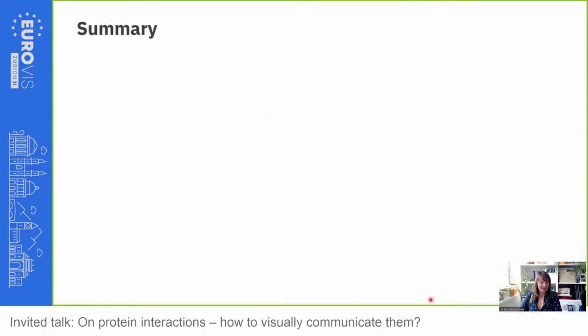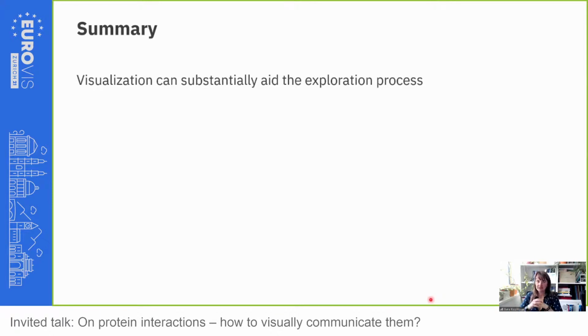So I'm getting slowly to the end because I'm also running out of time. To summarize my talk, I hope that at least to a certain extent, I convinced you that the visualization techniques which we are designing in molecular visualizations are substantially aiding the exploration process of the molecules and interactions between them.